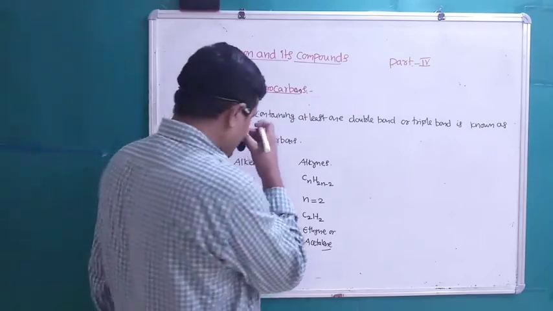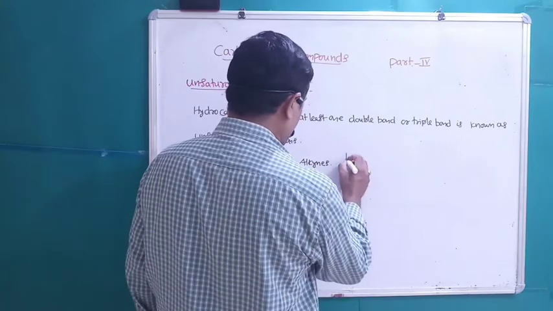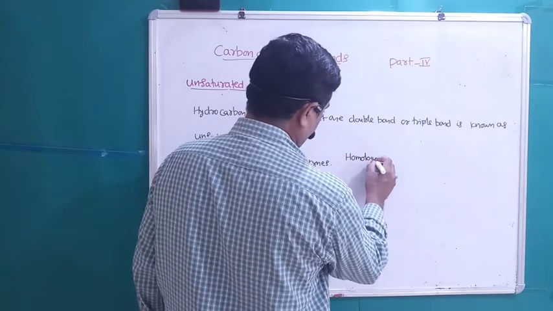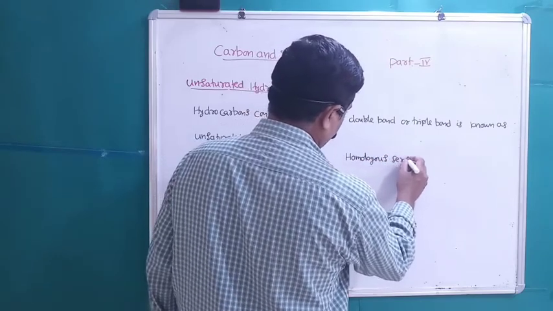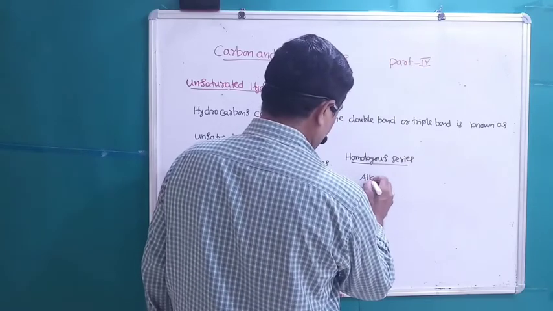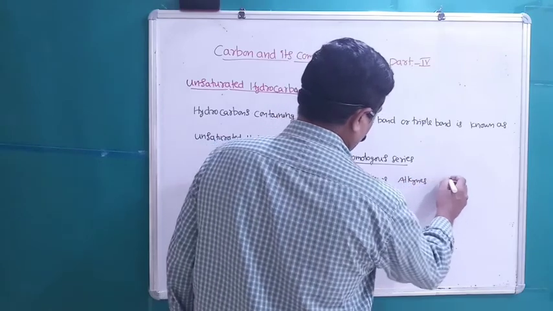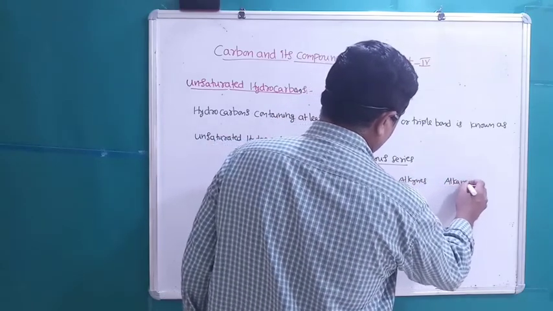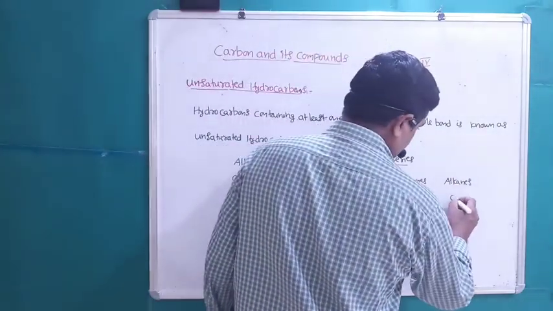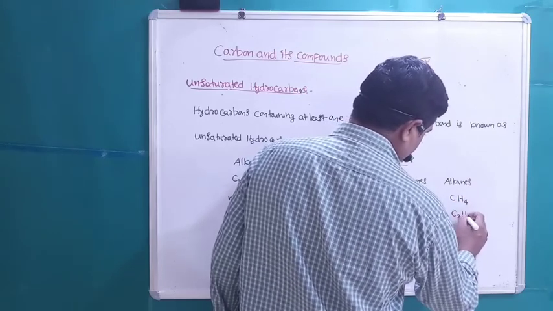So when we take these compounds, there is one word that will come, that is an important thing, homologous series. If we take alkanes, alkenes, alkynes, right? So the first member of alkane is CH4. The second member is C2H6.